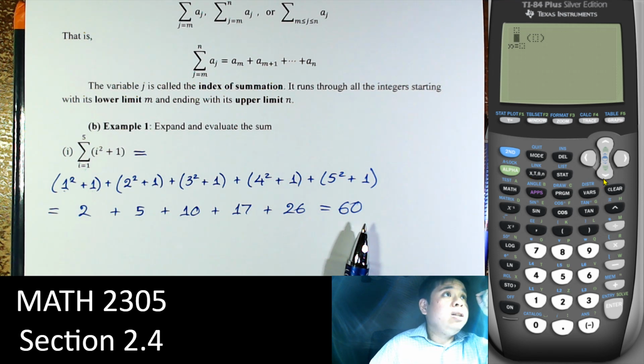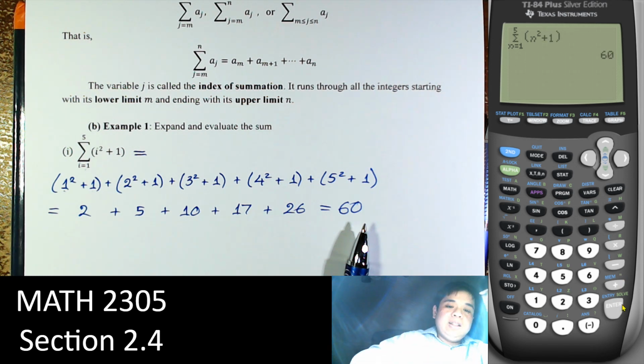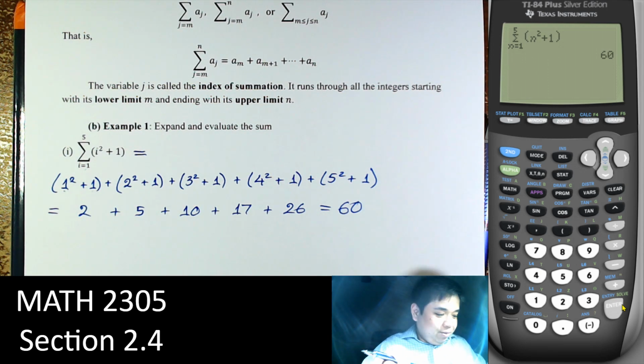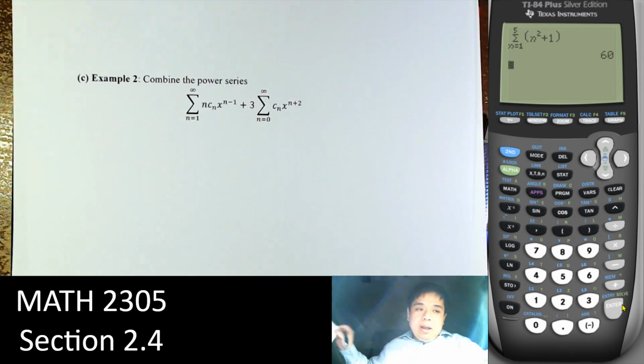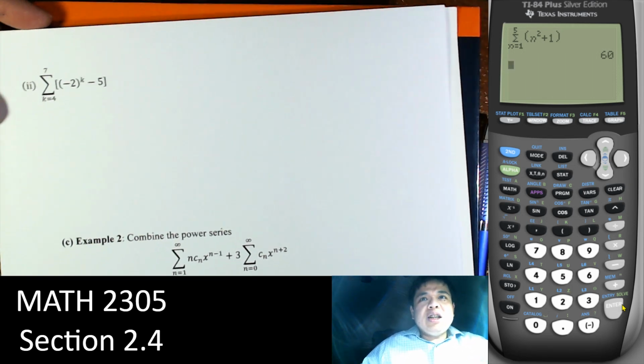Doesn't matter, because you can use any letter you want. I use n here just fine. We go from 1 to 5, and here we have n squared plus 1. Yeah, 60, right? So just that. This is just some basic notation for this.